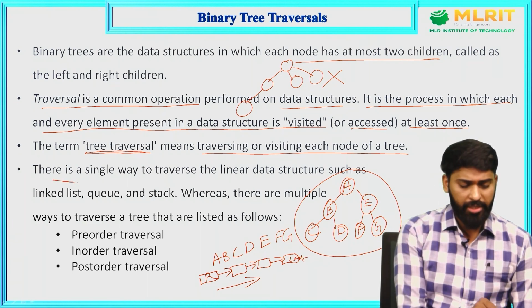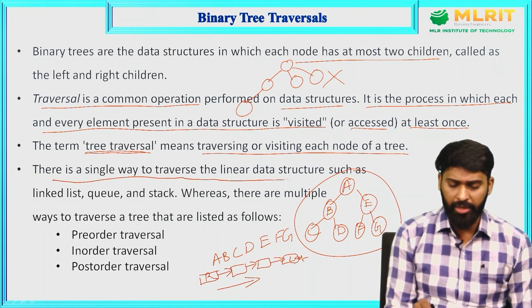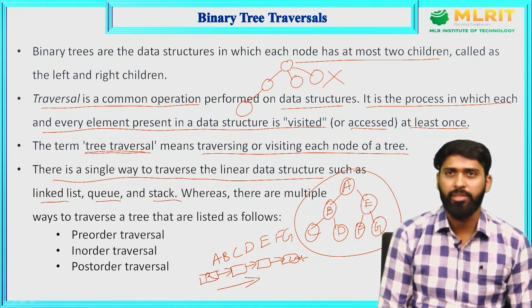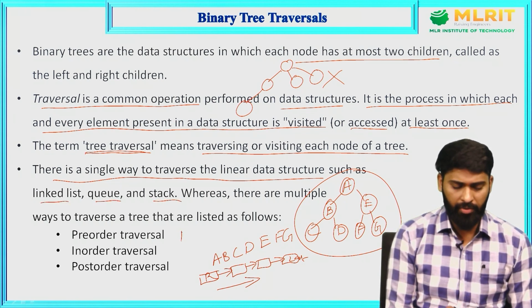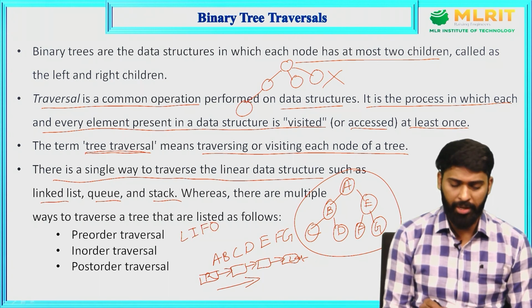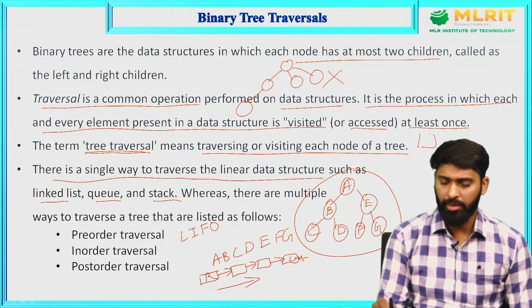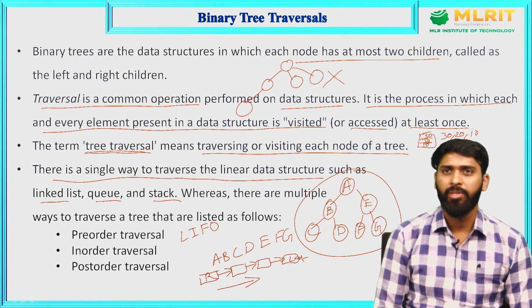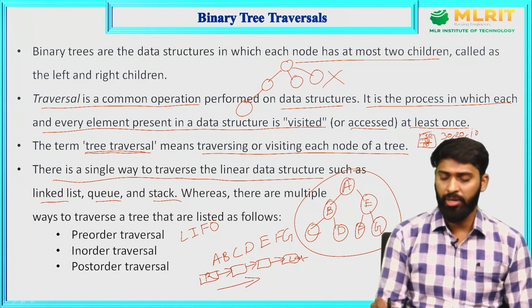There is a single way to traverse linear data structures such as linked lists, queues, and stacks. A stack always follows last in, first out. If the elements in the stack are 10, 20, 30, it displays 30, 20, 10. If it is a queue, then it displays 10, 20, 30.